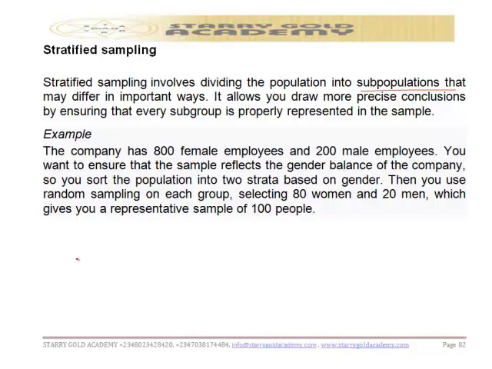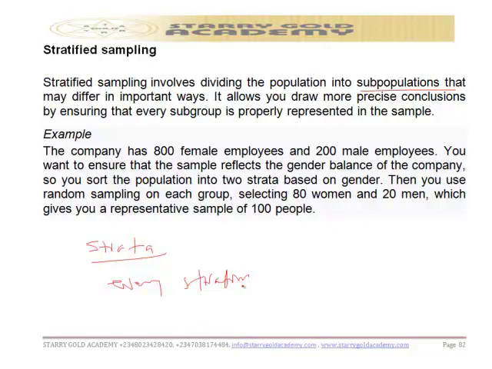It's the way you divide the population into strata. Every stratum is identified by certain characteristics or behavior. This is done to ensure that every part of the population is adequately represented.